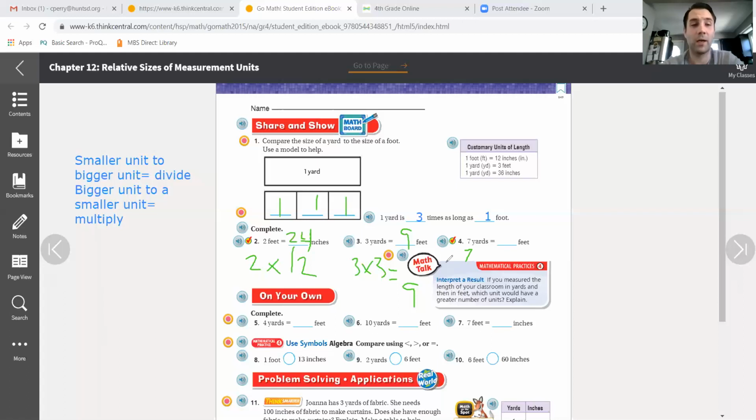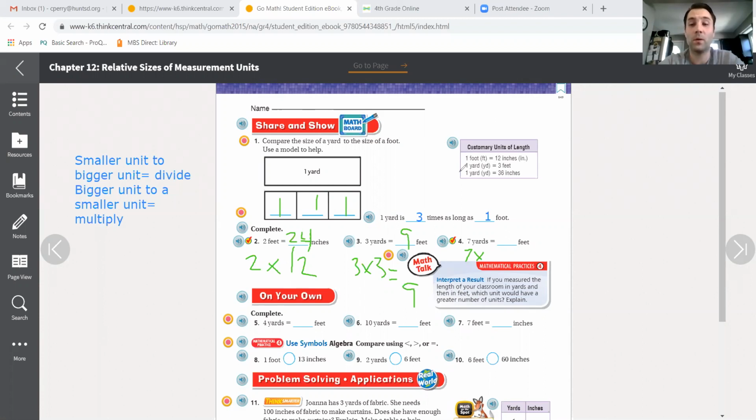Yeah, check. Okay, so over here in my little cheat sheet, we have bigger unit to a smaller unit, so I'm going to multiply because a yard is bigger than a foot. So what am I going to multiply by? Look up here at the cheat sheet. We have 3 feet and 1 yard. So we know 3 feet equal 1 yard.